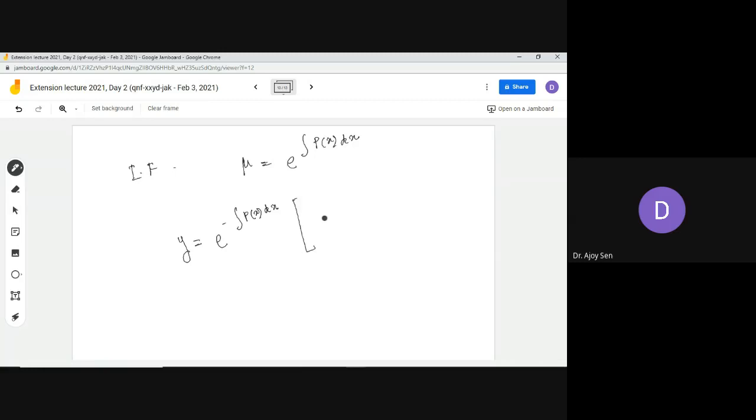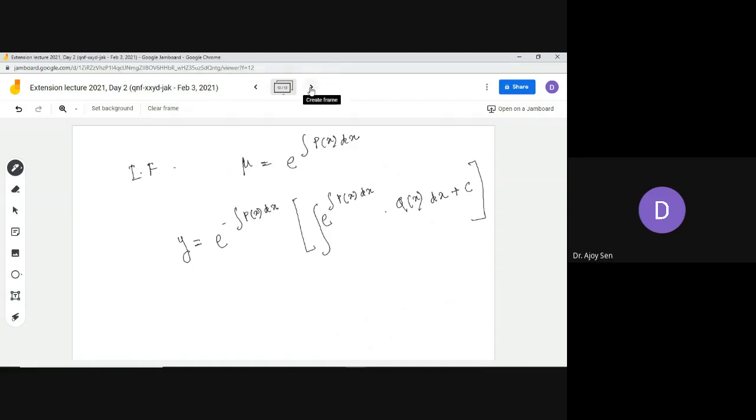This will be, I guess, integration of e to the power integral P(x) dx into Q(x). This is a very standard thing, and this whole thing will be integrated again plus C. So the integrating factor with a minus sign is there, and the same integrating factor into Q(x) dx, the whole thing you will again integrate out plus C. So this is the solution of the differential equation.